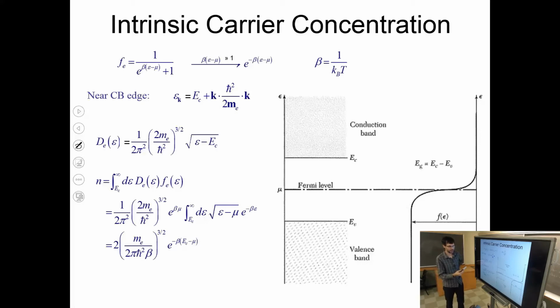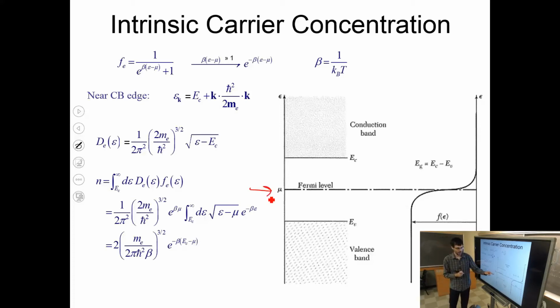So imagine that you have a semiconductor and the valence band is completely full, the conduction band is completely empty, and you are at 0 temperature. This actually means that the Fermi level is exactly in the middle of the gap. Why is that?